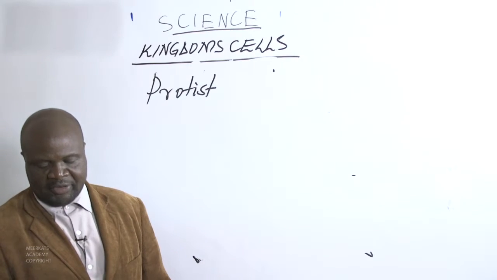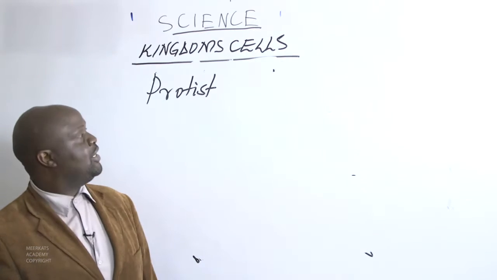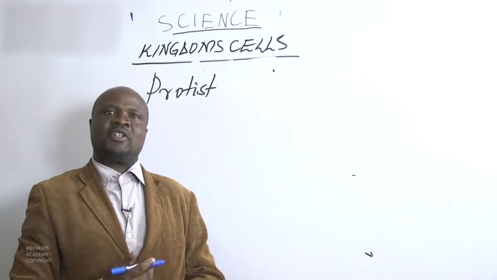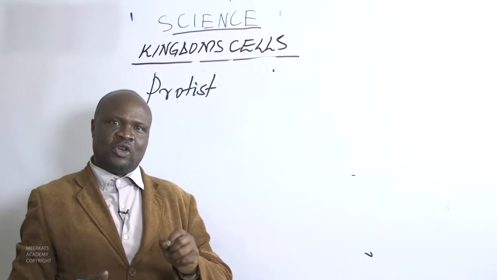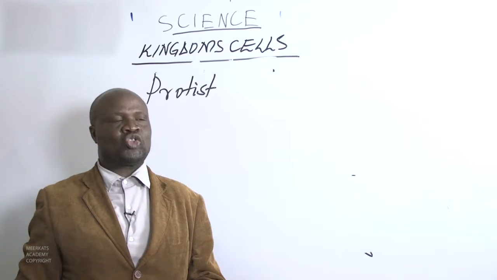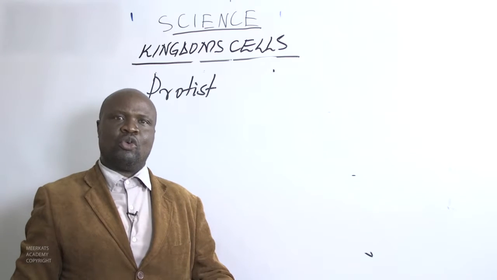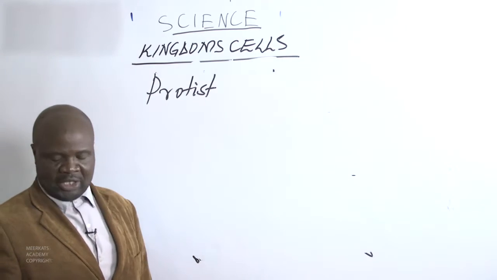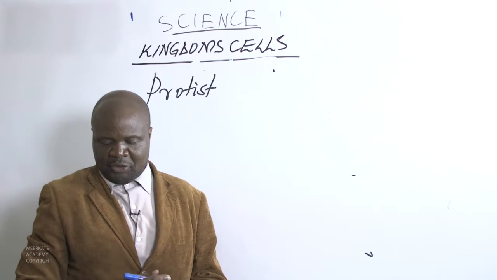The protists are single-celled organisms, so organisms under that kingdom are made up of only one cell. So there's no way you are going to observe through the microscope 1 or 2 or 3 cells. No, organisms in the Protist kingdom are made up of only one cell.